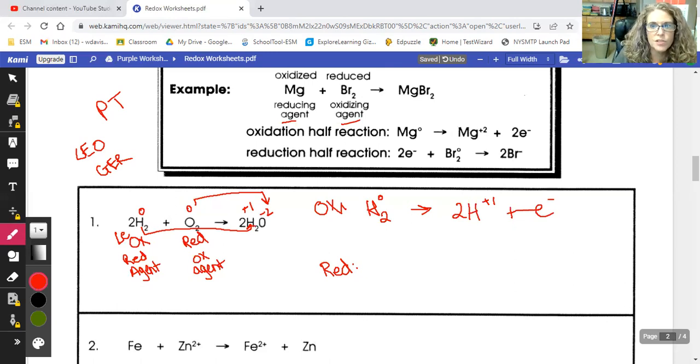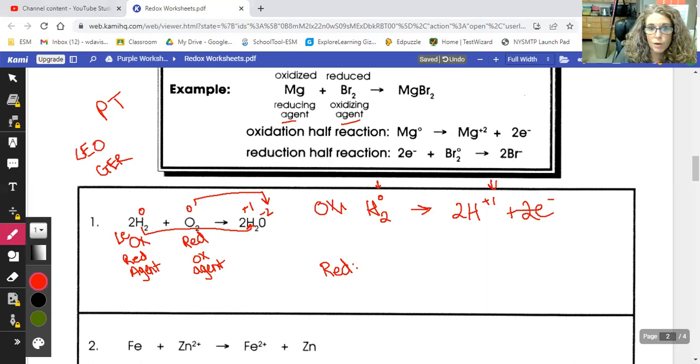I have 2 hydrogens that are each +1, so together they lose 2 electrons. And so your charges should be equal on both sides because we have the law of conservation. Matter, energy, and charge are always conserved. If I have a 0 charge on this side, I have to have a 0 charge on this side, right? So 2 positive ones cancels out the -2.